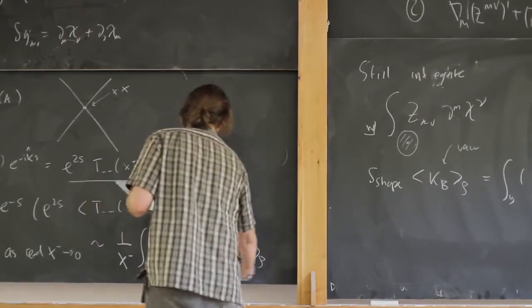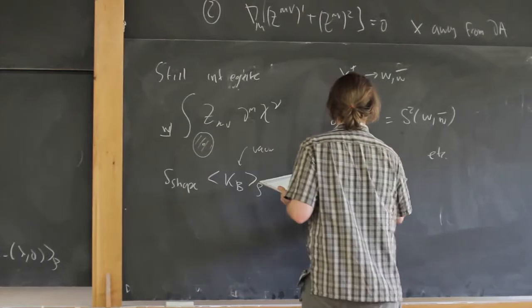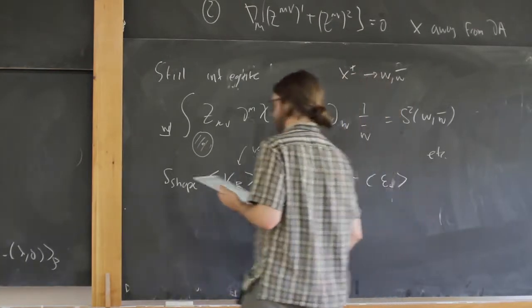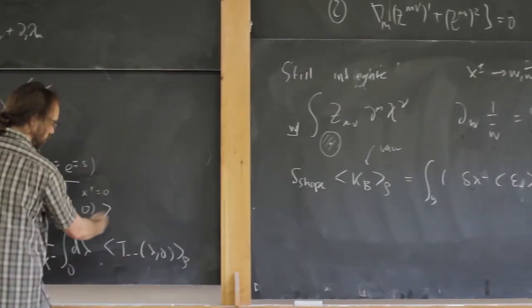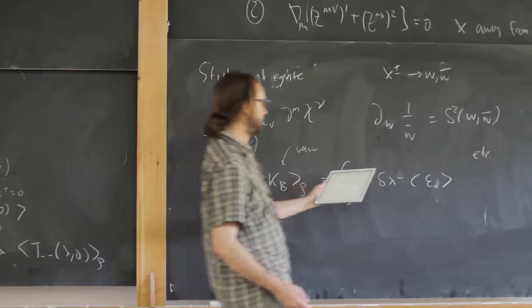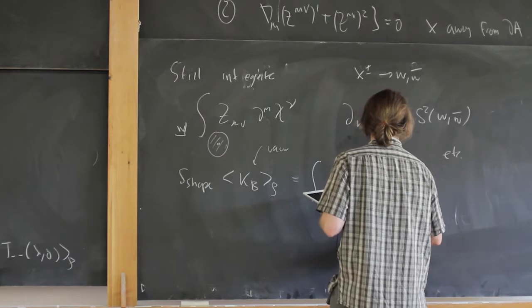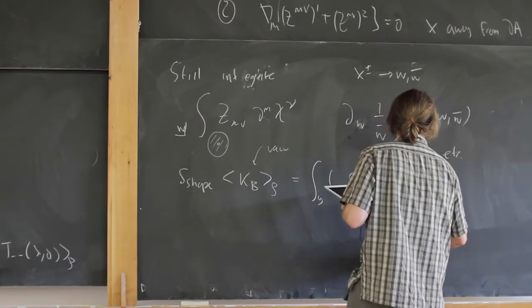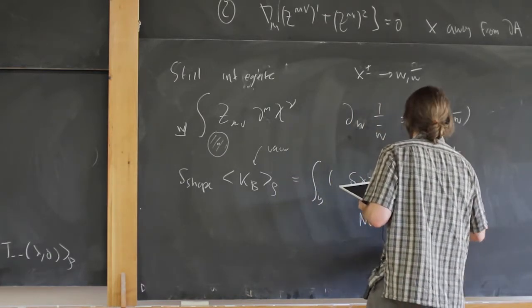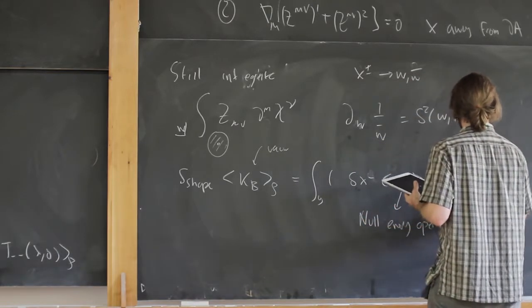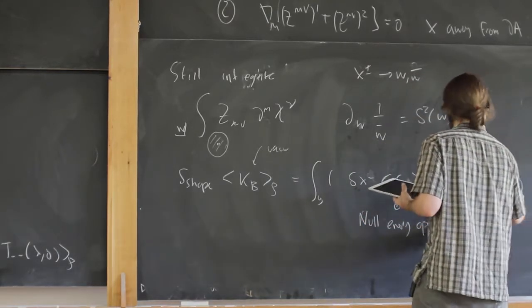I'm doing plus here. Sorry, this operator, let me do minus. But this is just what I'll call a null energy operator. So I'll call it epsilon minus null energy operator plus delta x plus epsilon plus.